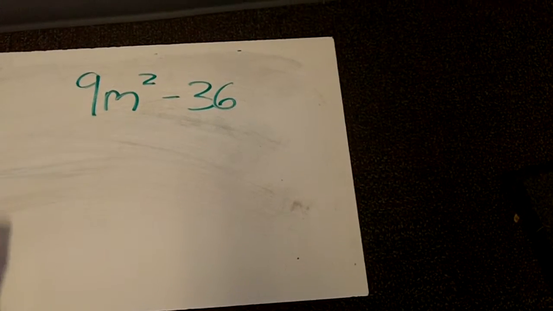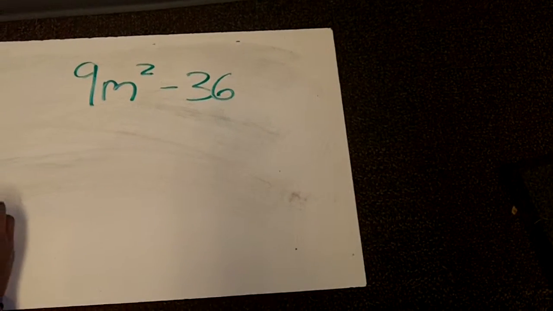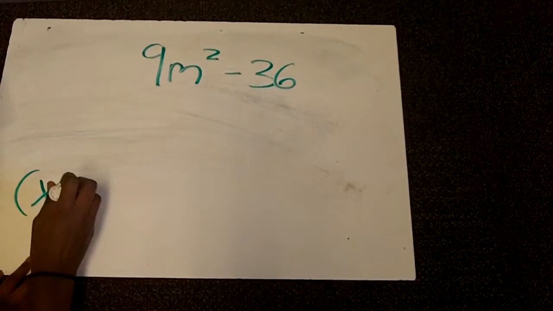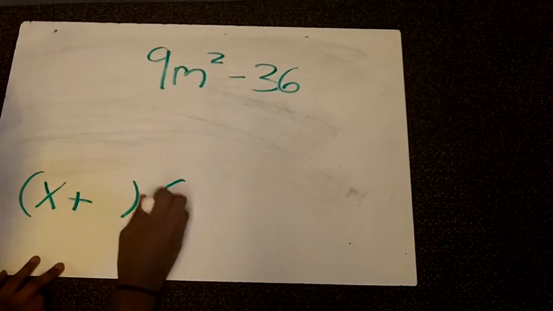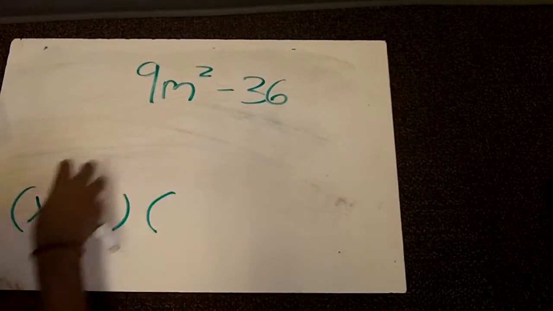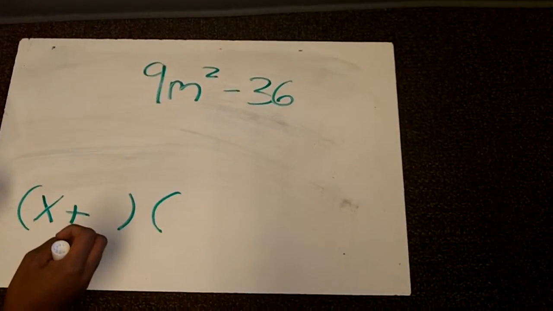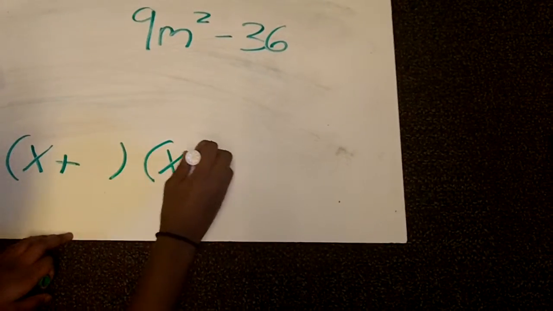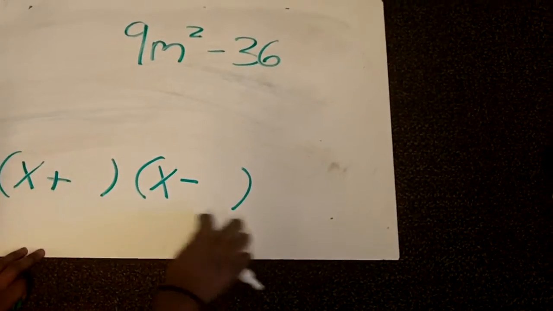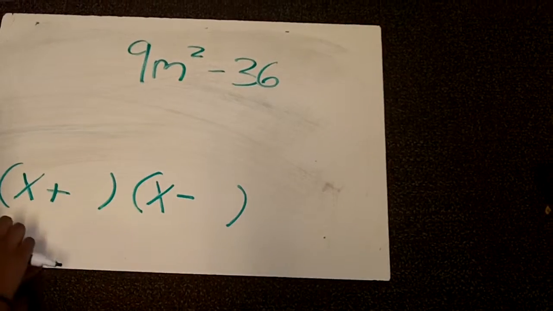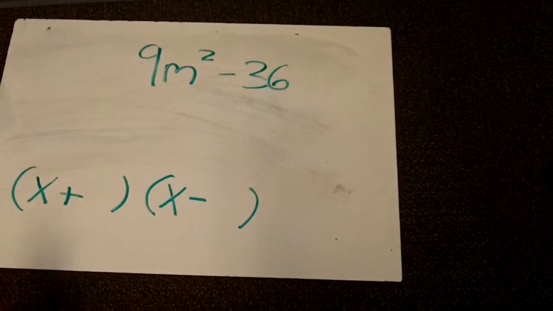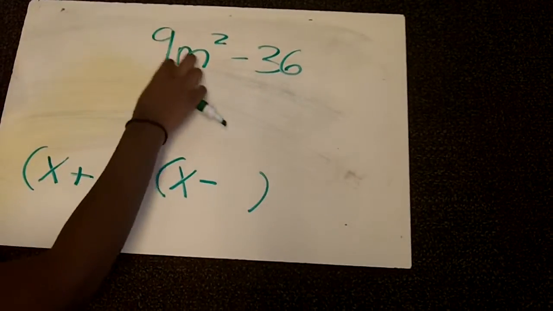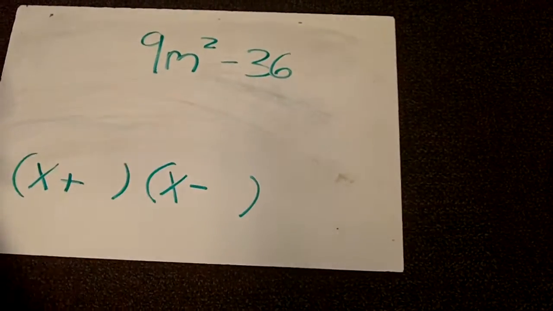The difference of squares is pretty much putting the factors in these x value things, but these are both squares of something.